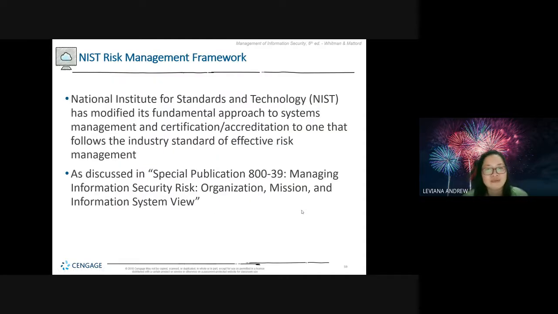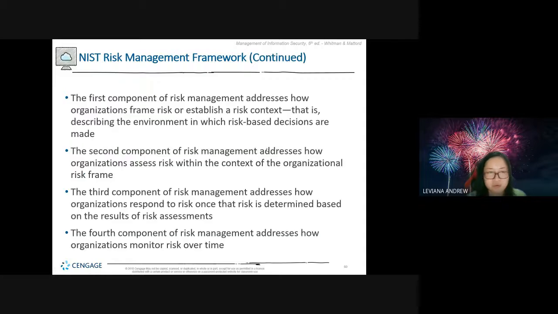NIST Risk Management Framework, National Institute for Standards and Technology, fundamental approach to system management and certification accreditation to one that follows the industry standard of effective risk management. It follows a three-tiered approach.